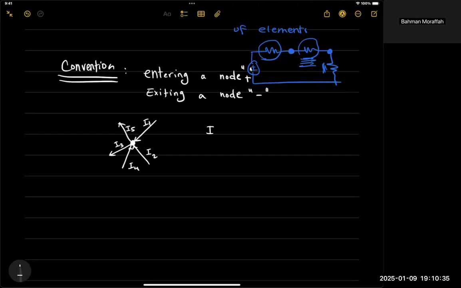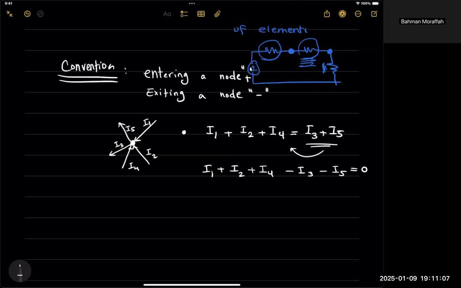Or we can say whatever goes in should be the same as whatever comes out. So it's I1 plus I2 plus I4, which is exactly the same as whatever goes out, which is I3 plus I5. In another way, we could take these two over here and write I1 plus I2 plus I4 minus I3 minus I5 equals zero.